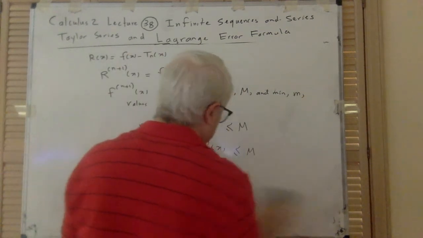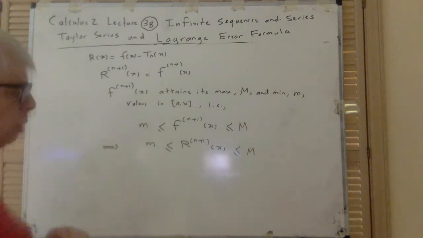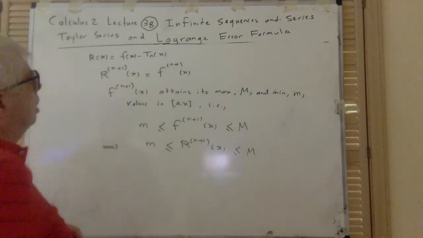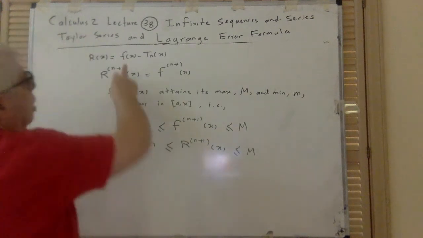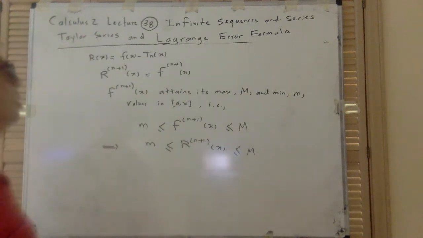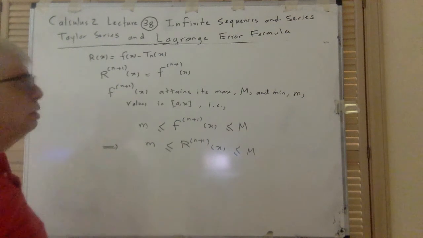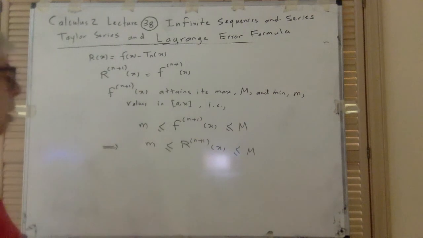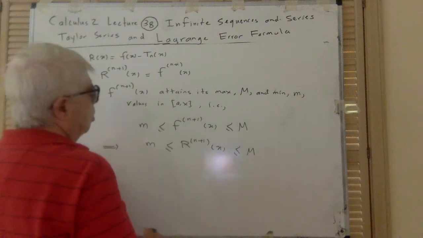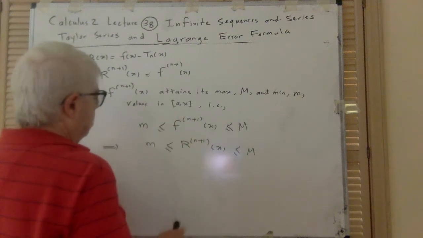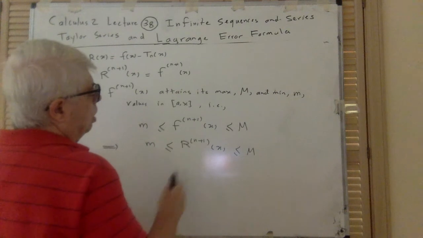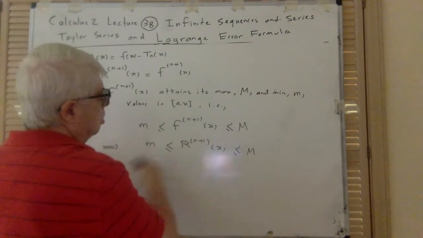Well, this function R(x) is f(x) minus T_n(x). Both functions are infinitely differentiable, so R(x) is an amazingly nice function. It is differentiable for any n and continuous. So we can integrate this over this interval. And remember, there was a theorem that when you bound a function, you can integrate, and the integral is also between the bounds.